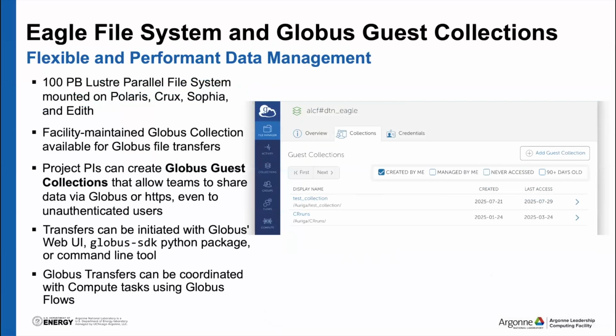Okay, so we've talked a lot about compute and authentication. Often, well, almost always, for these experiment time workflows, you need to have some way of getting data to the HPC system. The file system that's mounted on our main IRI machines, Polaris and Crux, is a file system called Eagle.